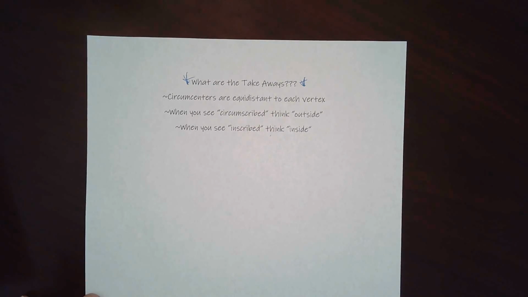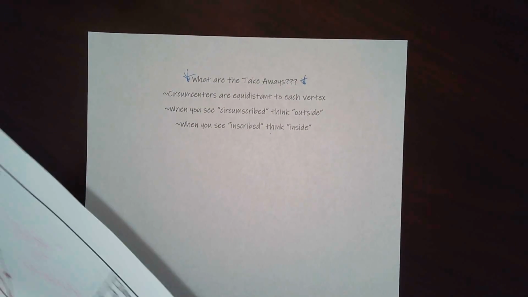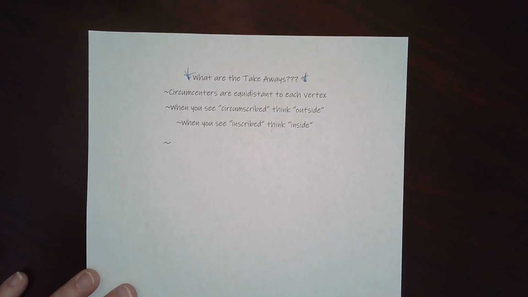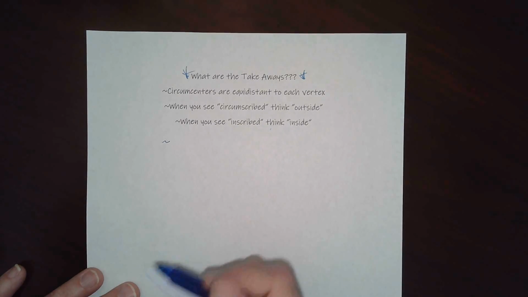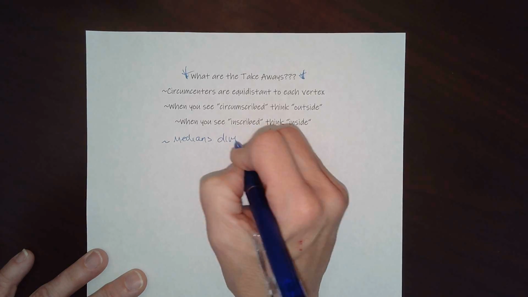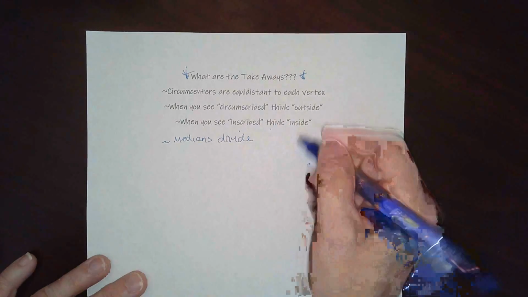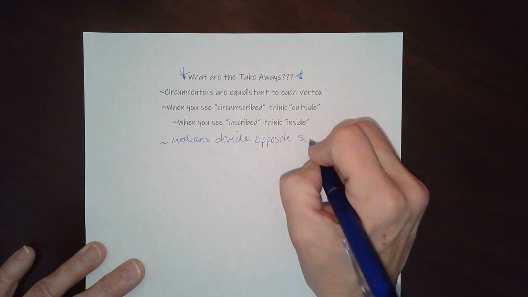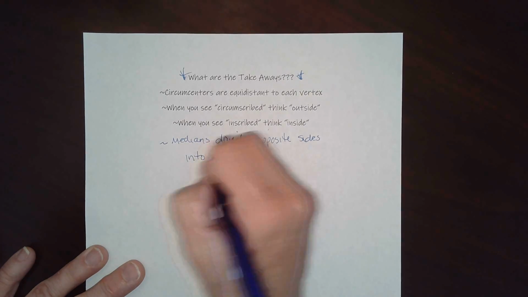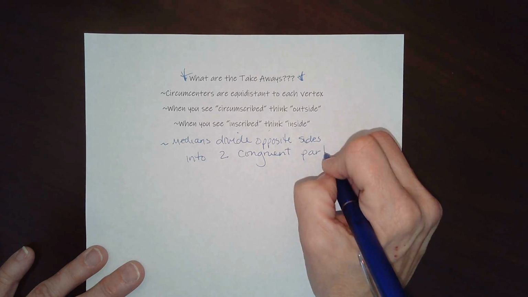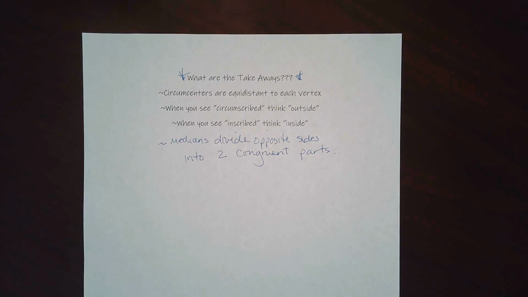We also need to remember that medians divide the opposite sides into two congruent parts. I should have added that to my list. Okay. All right, so special segments and points of concurrency.